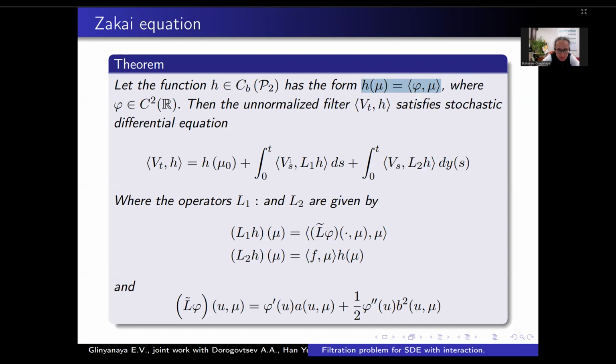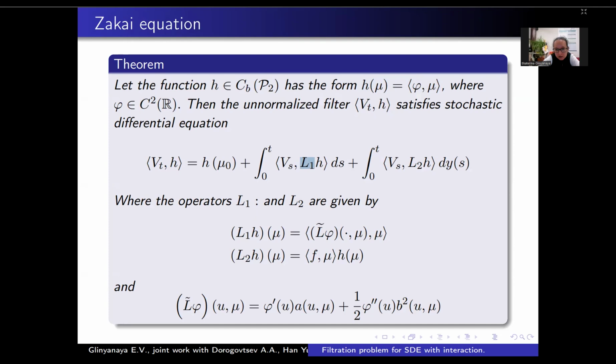So here we have an integral with respect to dy. Now in our new probability space it is a Wiener process, and the functionals L1 and L2 are defined as follows. L1 you can consider as the action of the generator of the initial stochastic differential equation with interaction on the function phi.